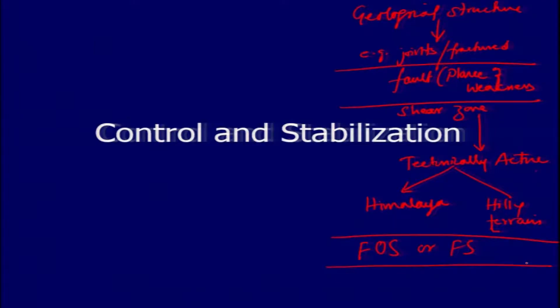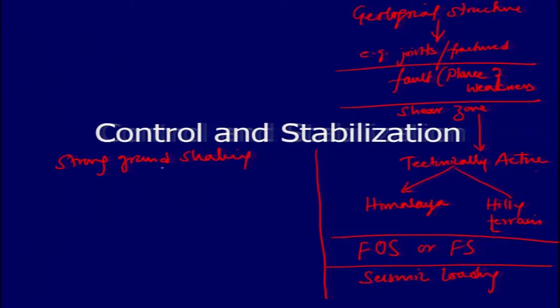We also discussed the seismic loading. In most of the areas, when you have strong ground shaking which is triggered by earthquakes, and if you have loose material, or if this material is water saturated, it will result in landslide.